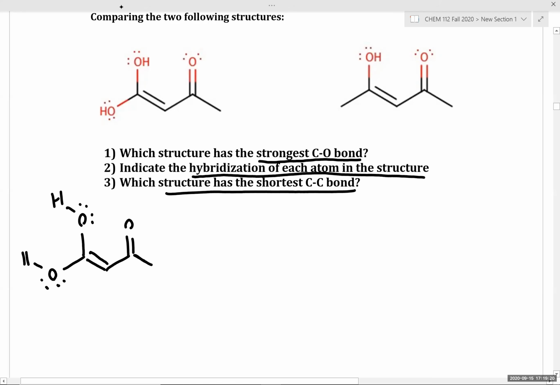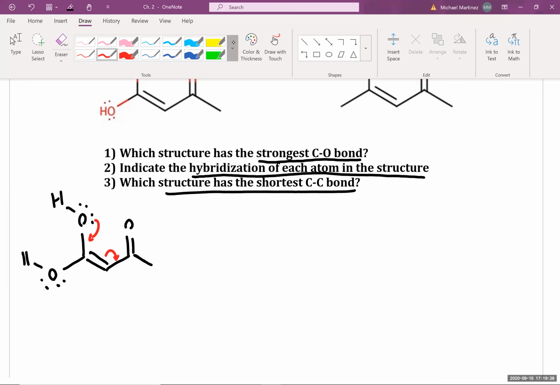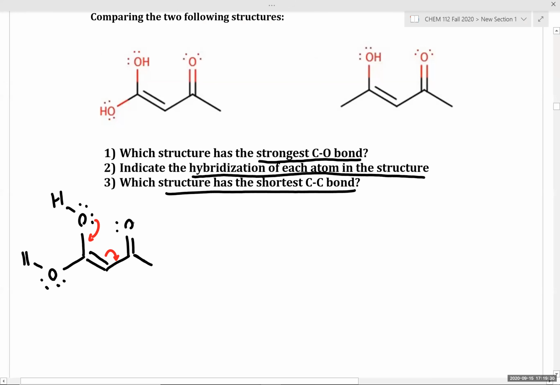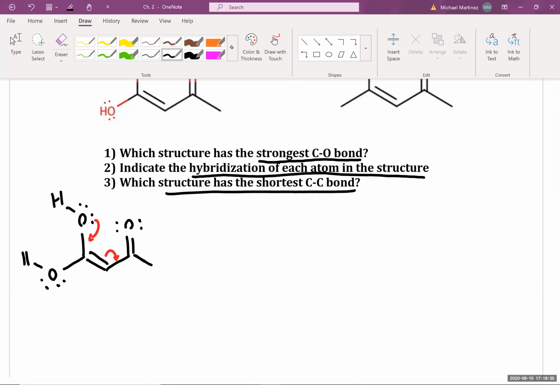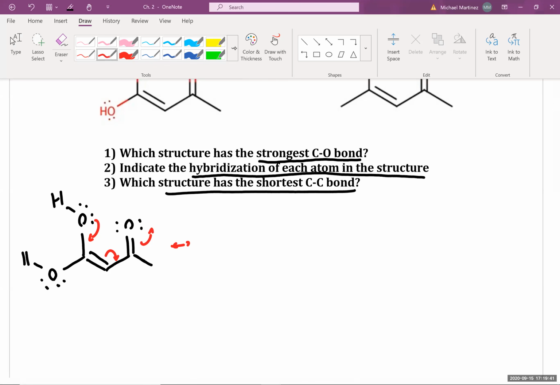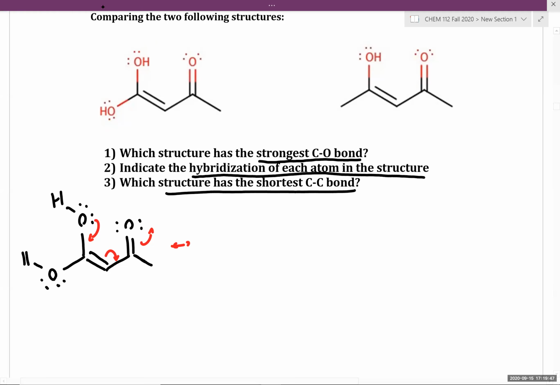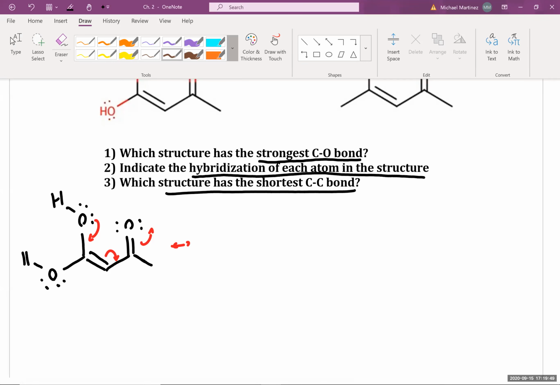Okay, so for this first structure, we can very easily delocalize our electron density into our ketone functionality. That in turn would give us a resonance structure that would look something like this. Oops. Let me change the pen color so it's a little bit easier to see.